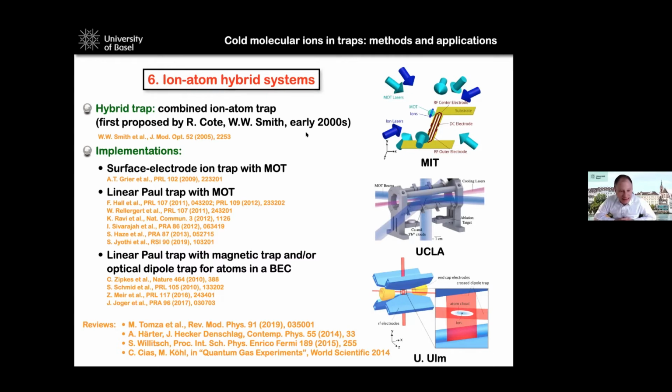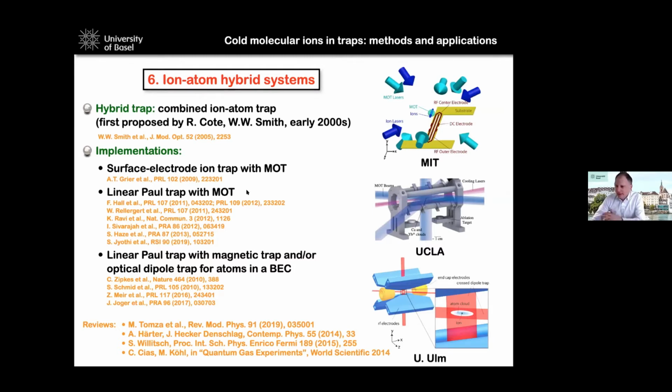They were first implemented a bit more than 10 years ago, starting with a seminal paper by Vladan and Willitsch's group in 2009, where they combined a surface electrode ion trap with a magneto-optical trap.